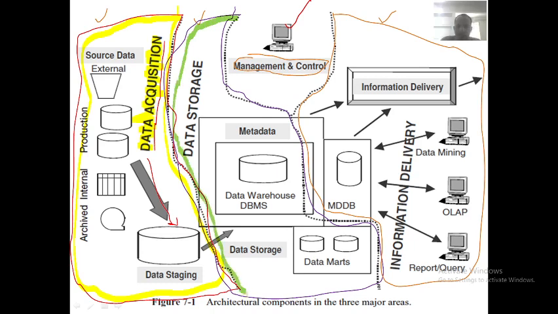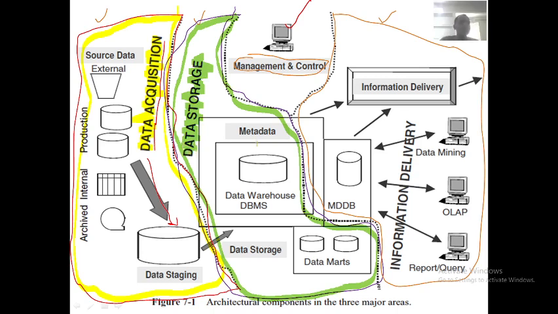This area is known as data storage. Here we are storing the data. What type of data? It is cleaned data. It is transformed data. It is ready for use. This area is called the data storage area.